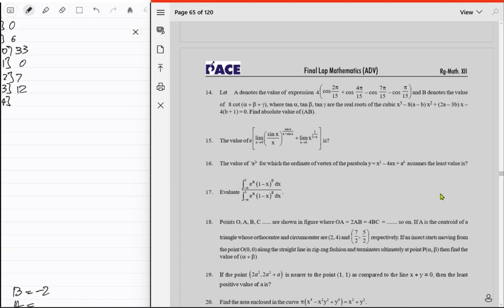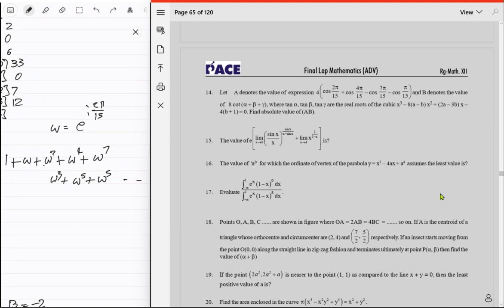Okay, so 14 pi upon 15. Wait, yeah, we only have to go till that actually, because उसके बाद में repetitions चालू होंगे, right? It's like pi plus or something, 2 pi minus, right? So yeah, think about it. For example, omega power 8 और omega power 7 उनका रियल पार्ट सेम ही है.